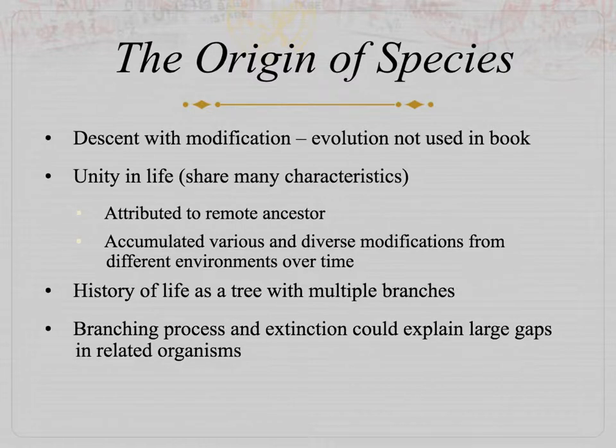And again, that's not the organism deciding to, it was whatever was suited to that environment that helped them survive and have offspring that survive and reproduce. He shows the history of life as being a tree with multiple branches, and that branching process and extinction could help explain gaps in related organisms.